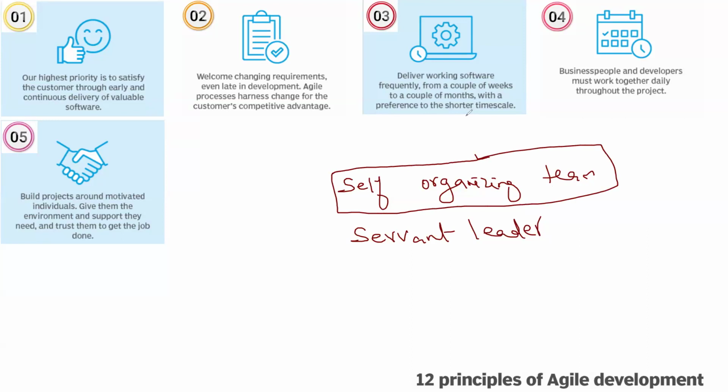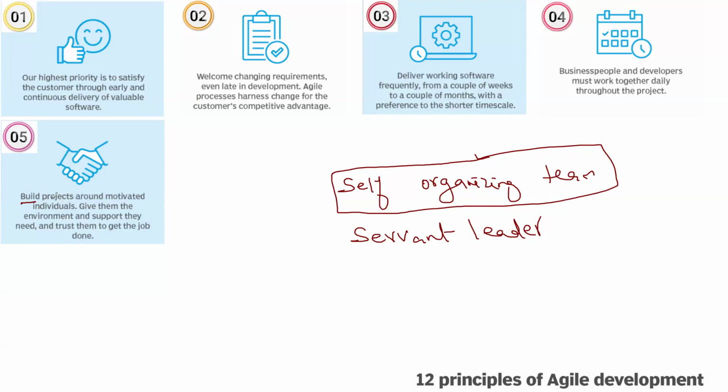Normal team means all the instructions will be coming from a leader. They'll follow the instructions of the leader. A self-organizing team, the team will collaborate and they make decisions what to do, how to do, when to do, and they do accordingly. The leader will not make the decisions for them. So what is the responsibility of the project manager is to build projects around motivated individuals, those who can self-organize.